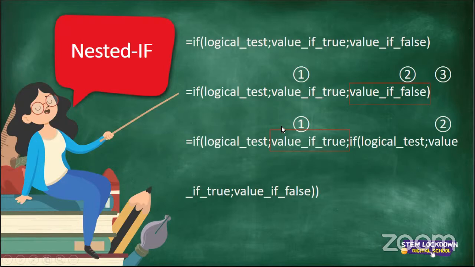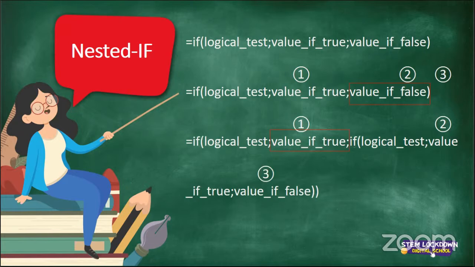Now these red blocks represent the value if true by number 1, and what would have been the second value if false is replaced firstly by if logical test, comma, value if true, and then value if false. So there's a second one, value if true, and then the third one is value if false. So now you've made space for the third one. Okay, so now we've got space for 3.